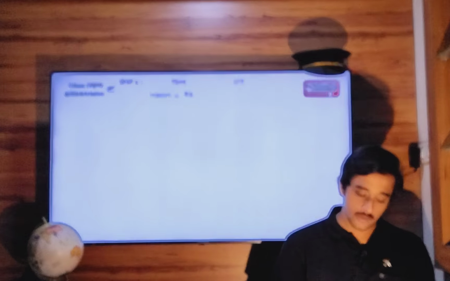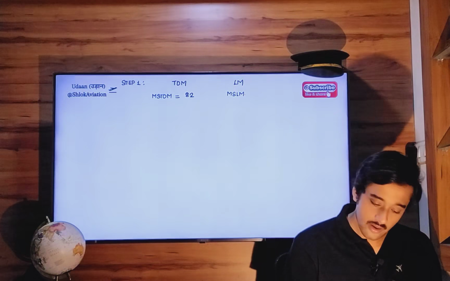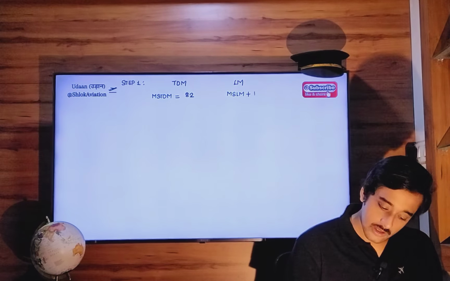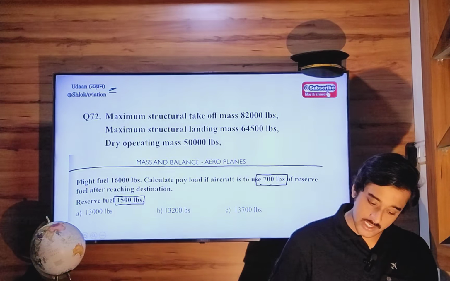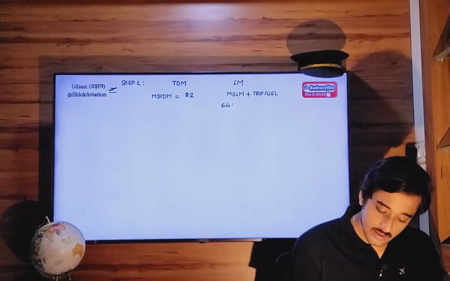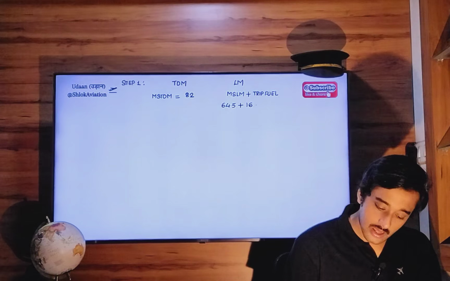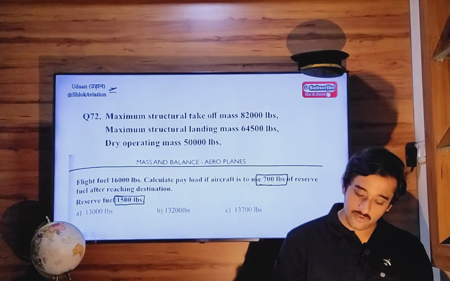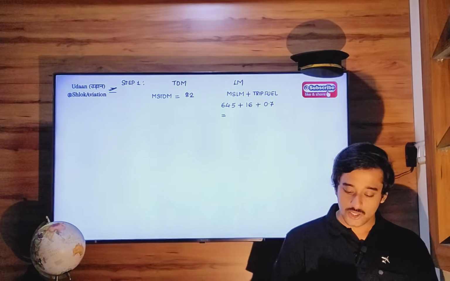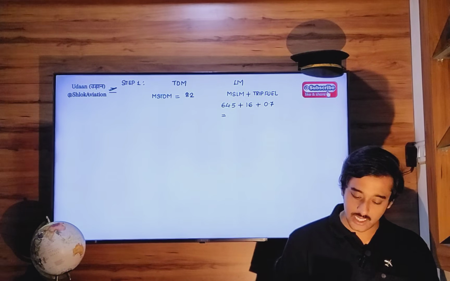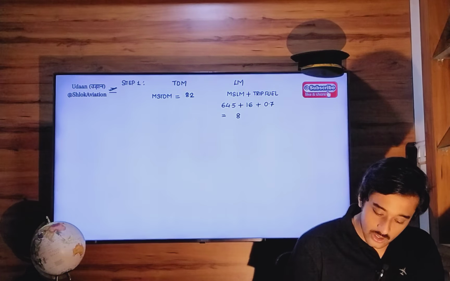In the landing mass column, we are going to write maximum structural landing mass plus trip fuel. So structural landing mass is 64.5. Fuel is 16,000, so add that, and you are going to add another 700 pounds. So 0.7. So 64.5 plus 16 plus 0.7 is 81.2.